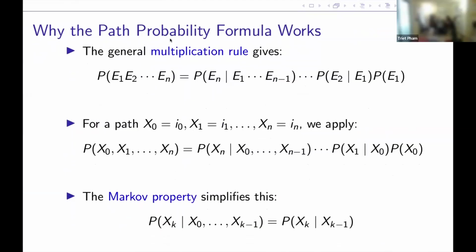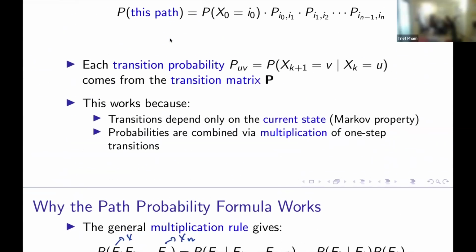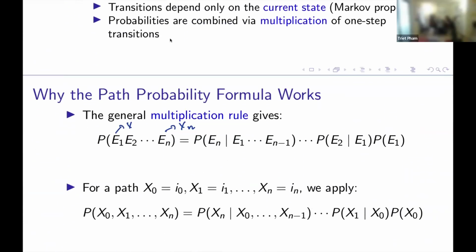To remind yourselves, the multiplication rule from lecture 1 tells us how to get the probability of a joint event. Here we have X0, so you could extend that back to X0.